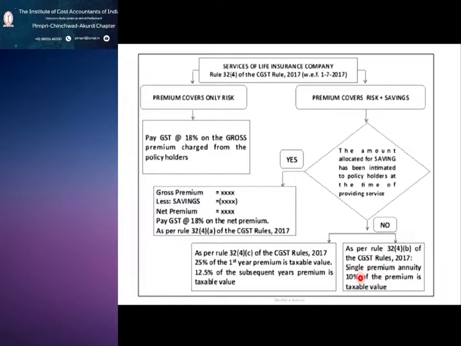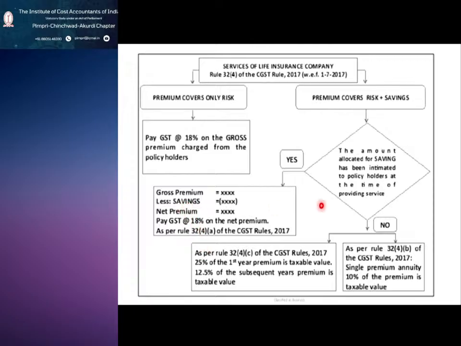The other one is single premium annuity, where 10% of the premium is the taxable value. But the common questions are from these two.